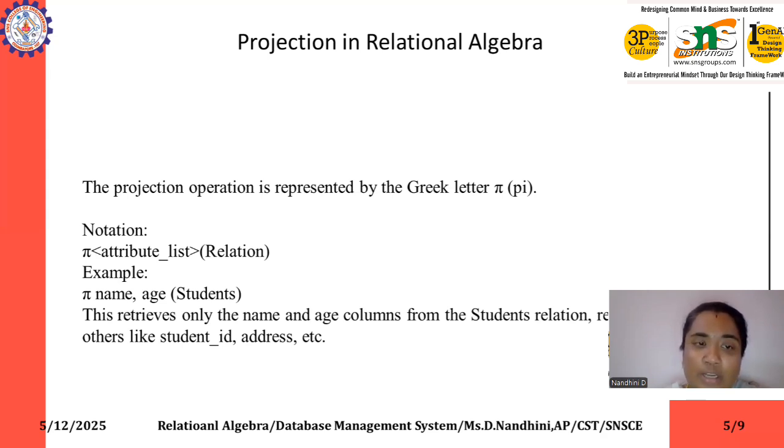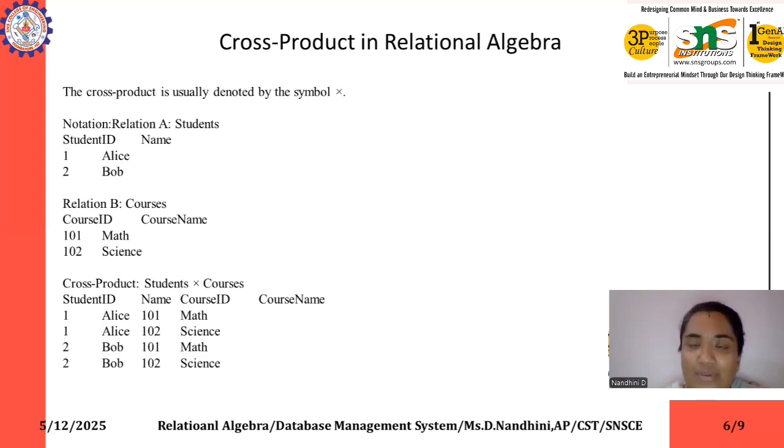In the same way, the projection operation is used in relational algebra. For example, pi of name, age of student retrieves only the name and age columns from the student relation, removing all others like student ID, address, etc.